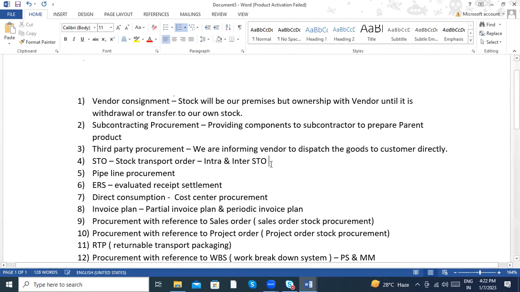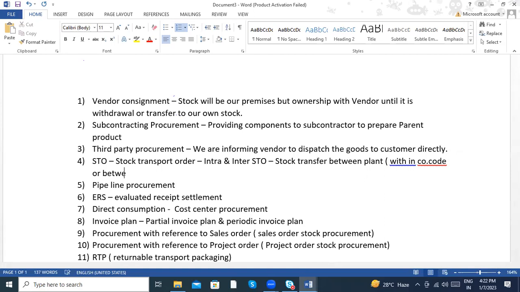STO is the stock transfer between plants, either within the company code or between company codes. And pipeline is stock flowing through a pipeline when it is required.